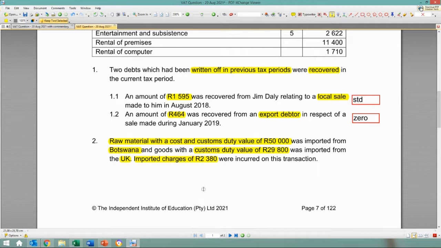You can just type your answer in the chat function, or if it's easier, you are welcome to pick up the mic. So let me just repeat the question. When I import goods, how do I calculate the VAT on those imported goods?